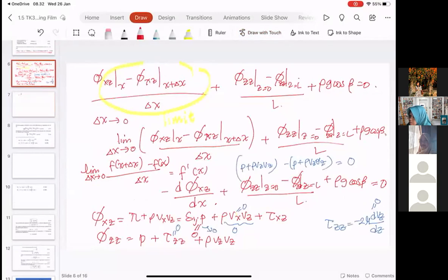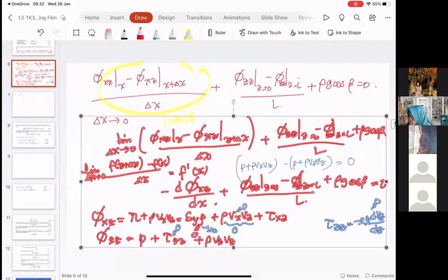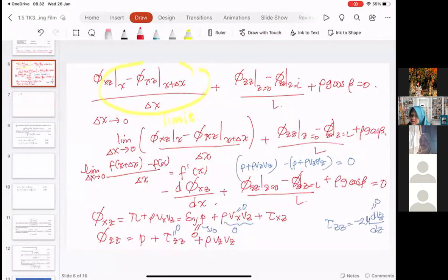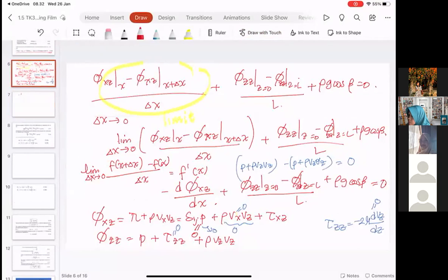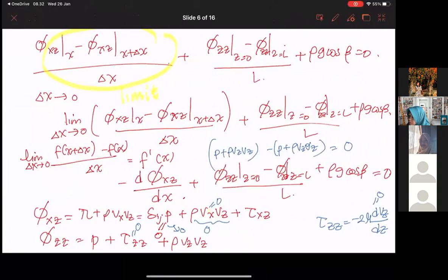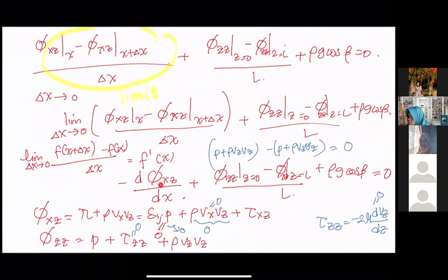We have to change the psi of xz. So let's change the value of psi xz with this one, because this one equals 0, this one equals 0, so this tau, okay, and this area for the psi zz would be equal to 0, and then here we have the contribution of rho g cos beta.